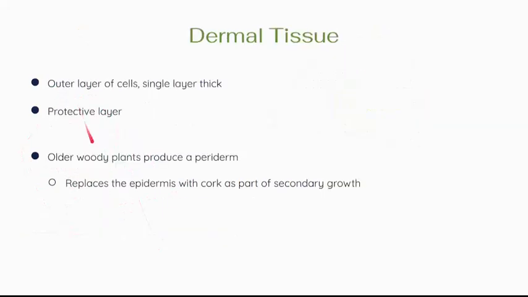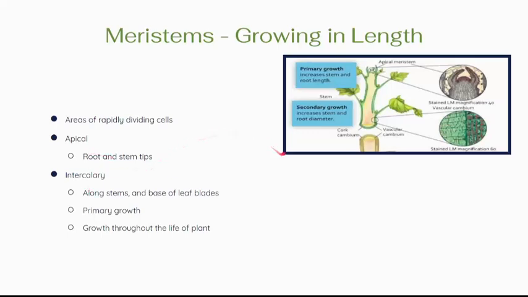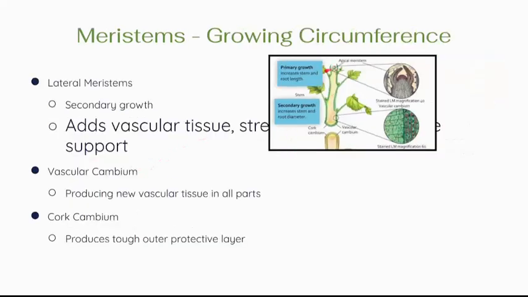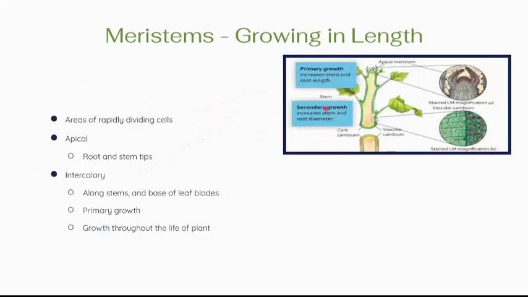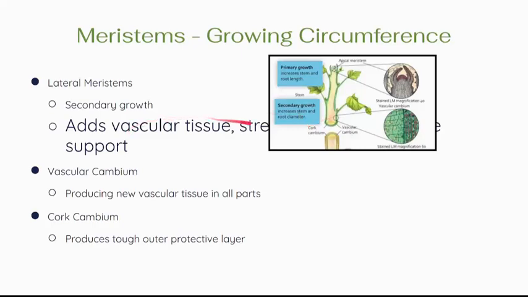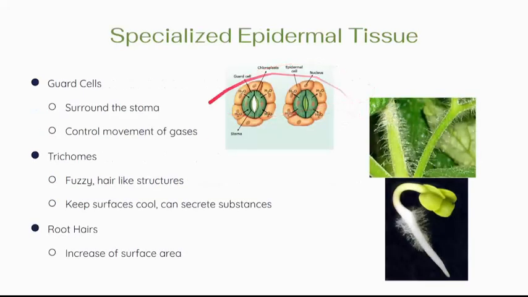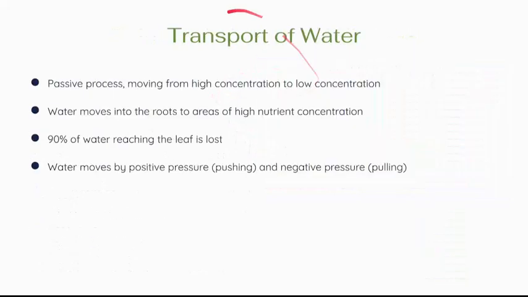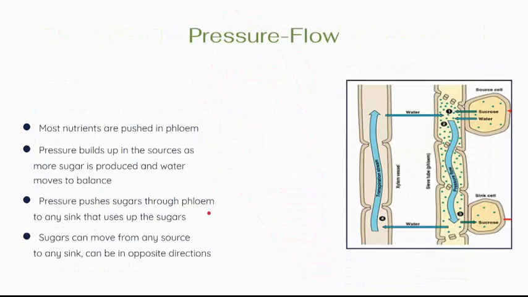Now, lateral meristems are also different from apical, as we taught. Apical is right here, and intercalary is right here, and your lateral is down the bottom. They increase your circumference essentially. Yeah, dermal tissue, specifically epidermal, and ground tissue. You just have to know your tissues, and yeah, do your notes.